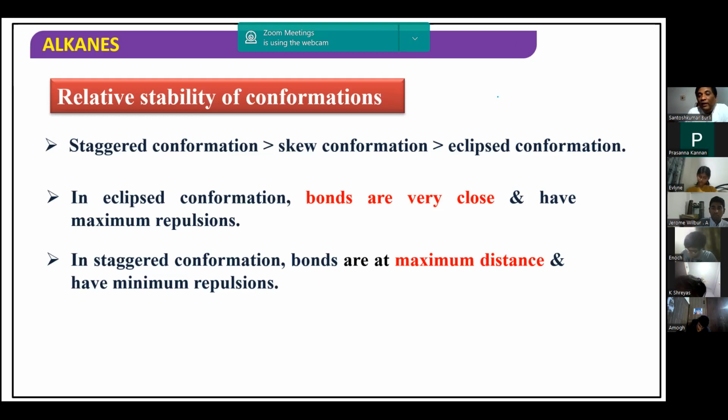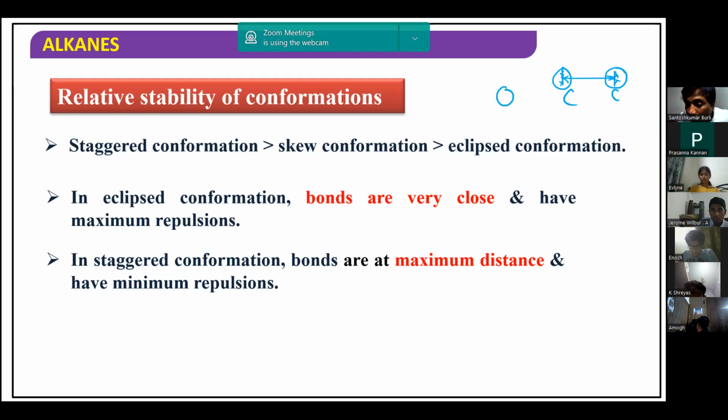If I take the CH bonds between the carbon atoms, they are very near to each other. That means these bonded pairs of electrons are nearest to each other and there will be a repulsive interaction between these bonded pairs of electrons. So when the bonds are very near, there is more repulsive interaction.